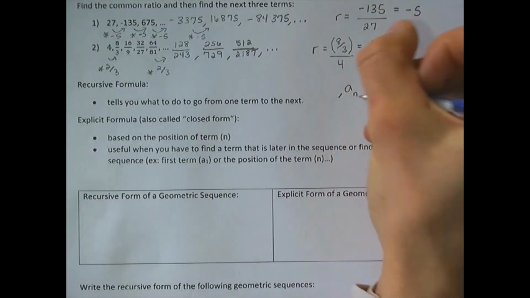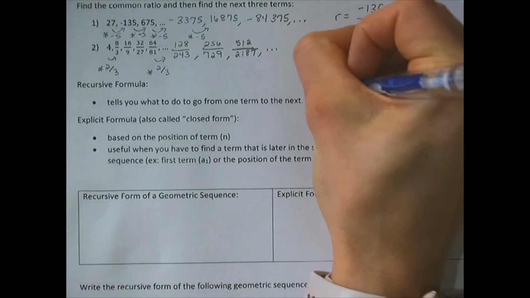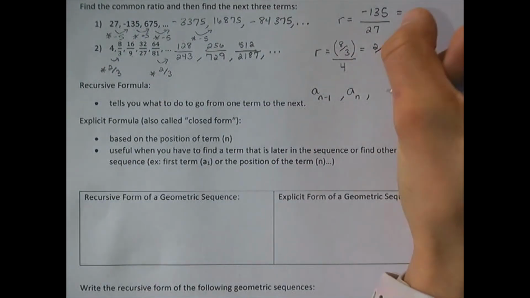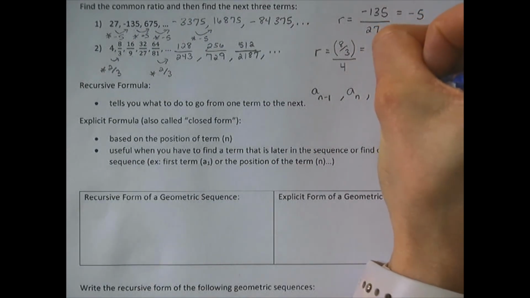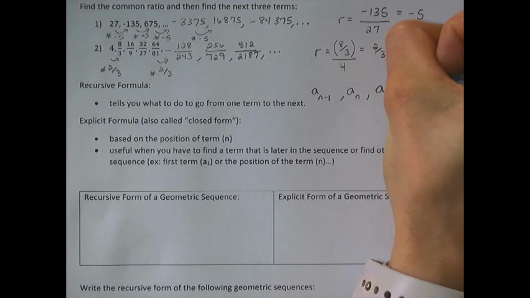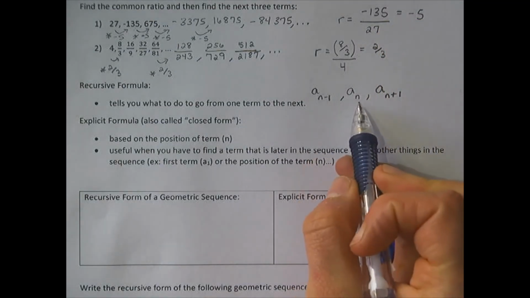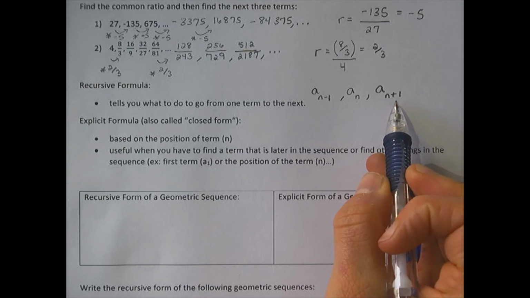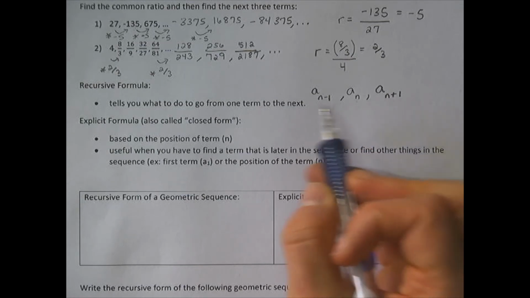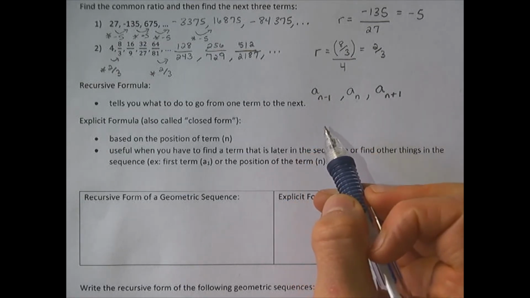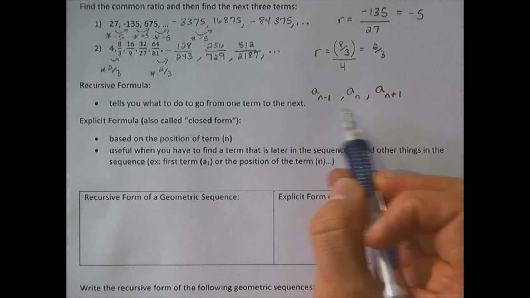So remember, the term before this one would be a sub n minus 1. And then the term after that one would be represented by a sub n plus 1. Remember, n is the position of the term. So this would be the term in the next position. This would be the term in the position before that one.